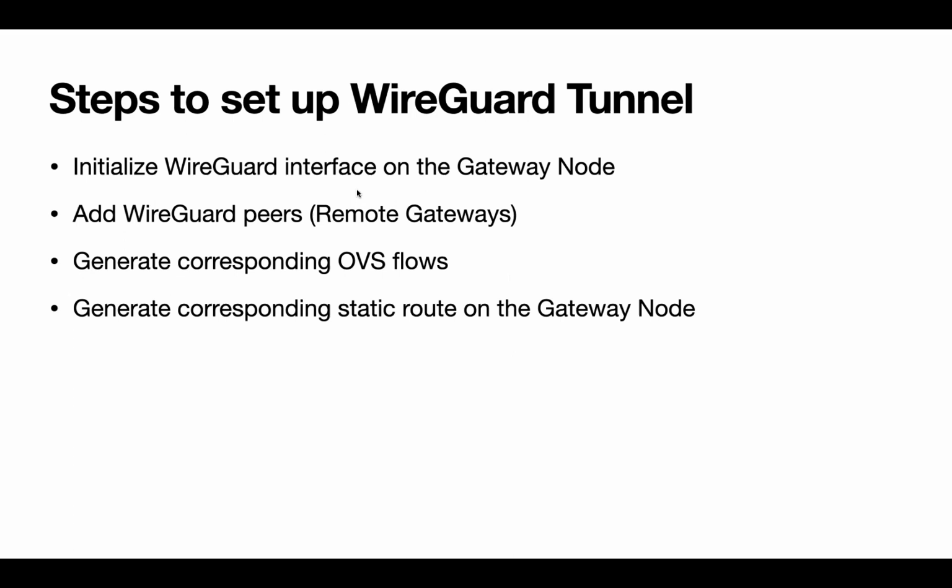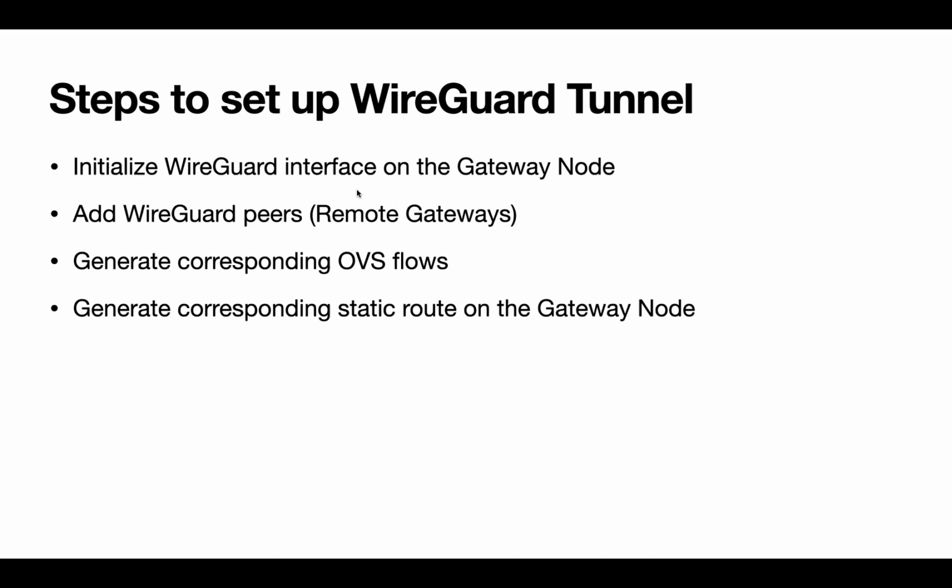Once we annotate a node as a multi-cluster gateway, we need to create a WireGuard network interface, such as wireguard0 or antrea-mc-wireguard. The WireGuard interface is responsible for the WireGuard traffic.